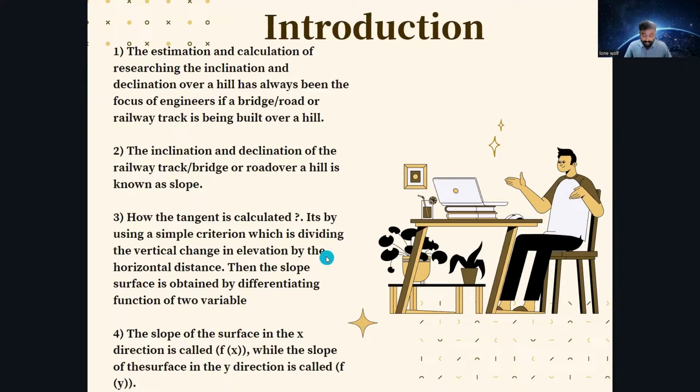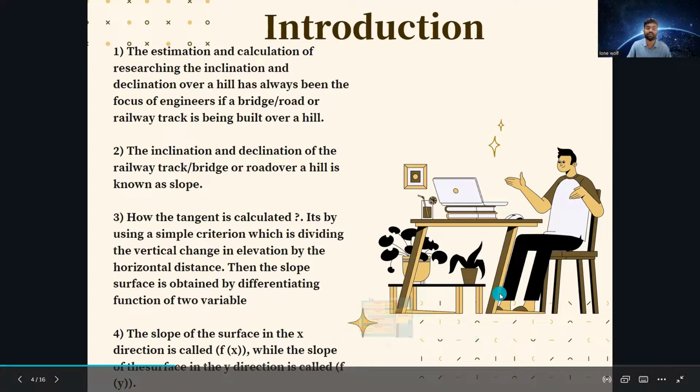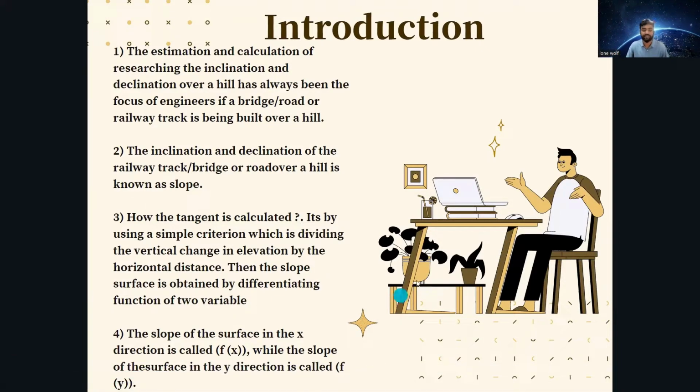Meanwhile, the slope of the surface, which is function of two variables, may be assessed in two directions. And the direction is called as something very common and everyone has heard of it, x and y. So the slope of the surface in the x direction is called fx, while the slope of the surface in the y direction is called fy.